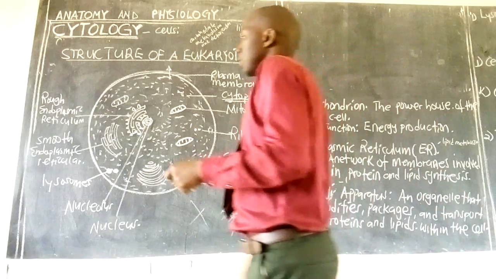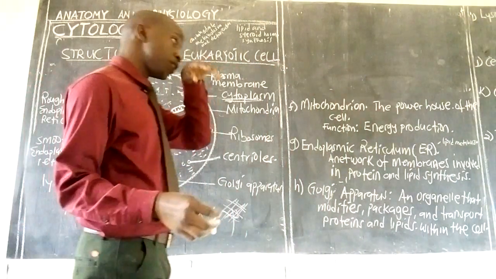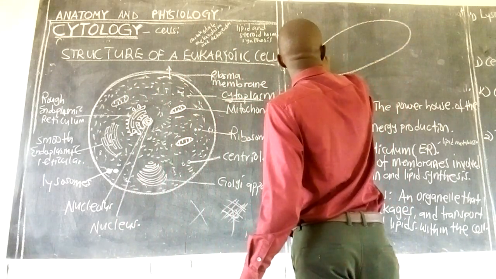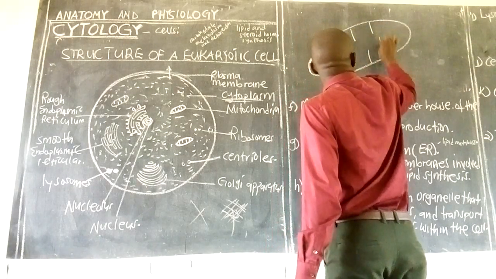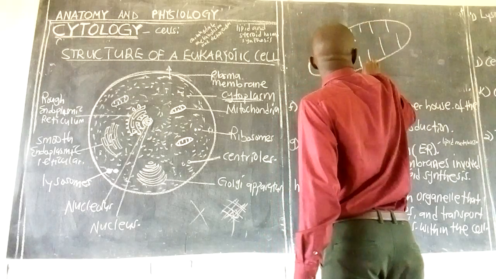The mitochondria is the powerhouse of the cell. When we say powerhouse, it means it generates electricity or energy. So this is how the structure of the mitochondria looks like.